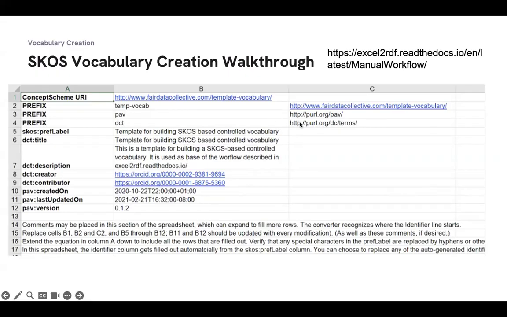If you are to click this or copy this to open in a web browser, it will take you to information about a vocabulary on Dublin Core terms. So there are some terms already defined under the Dublin Core that we can reuse.